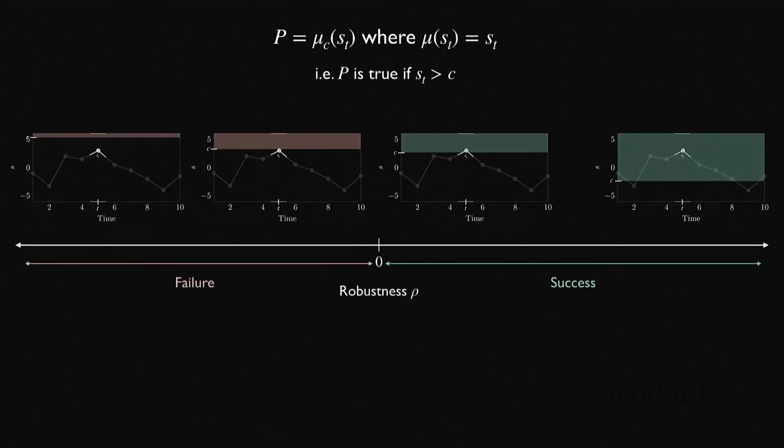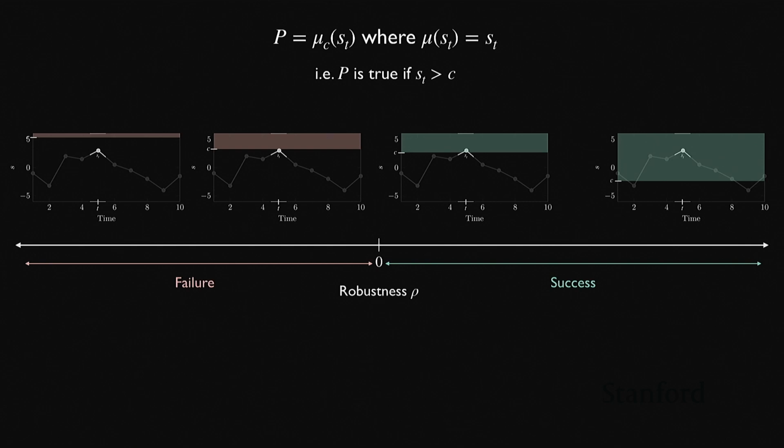But something that's really cool about signal temporal logic is it gives us this value that we can use to quantify these feelings that we might have. And so essentially what we do is we use this value called robustness. And I'm going to talk in a second about how exactly it's defined. But the way to think about robustness is it's some value. And at 0, or for values greater than 0, that will represent any trajectory that is a success.